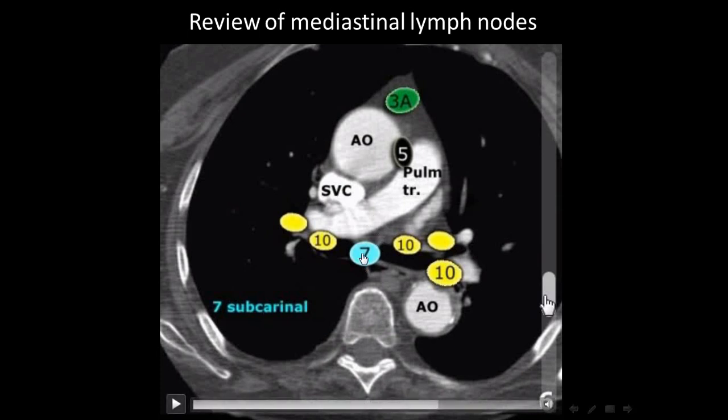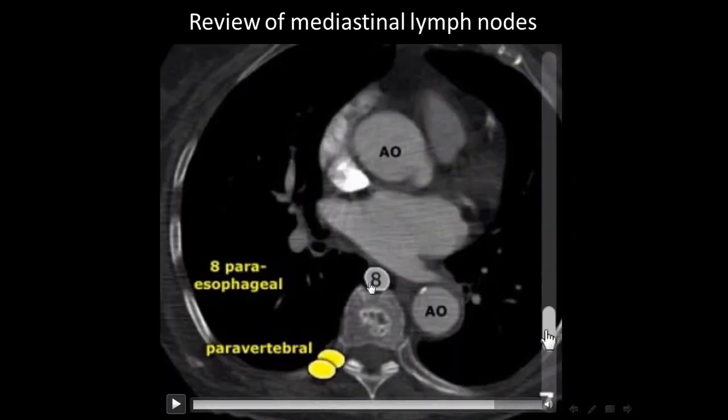So this is the subcarinal station, because here the bifurcation of the main bronchi started. Then the hilar, these are the proximal main bronchi lymph nodes. Eighth, paraesophageal.